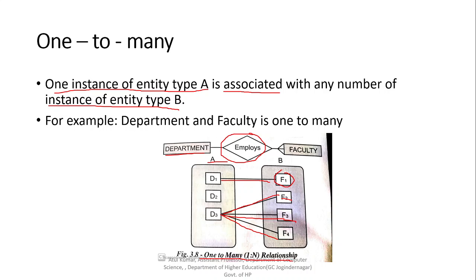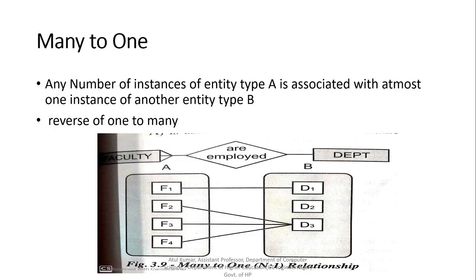So this type of relationship is called one to many relationship. Next we have many to one relationship, and it is the reverse of one to many relationship. Here any number of instances of entity type A are associated with at most one instance of another entity type B. Suppose, in the same example, we have faculty as an entity and department as an entity, and the relationship between these two is are employed.